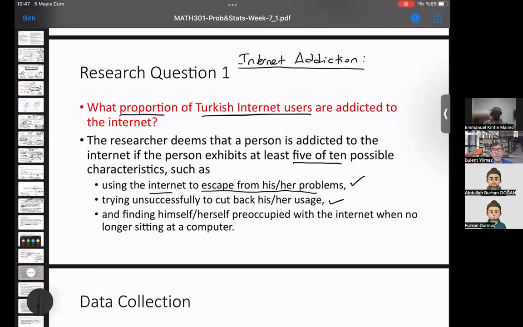And you find yourself preoccupied with the internet when no longer sitting at a computer, even though you are not on a computer or using your cell phone, you are still thinking about those kinds of things.